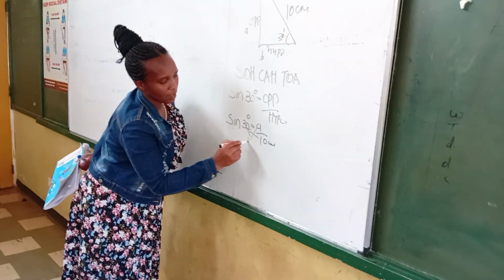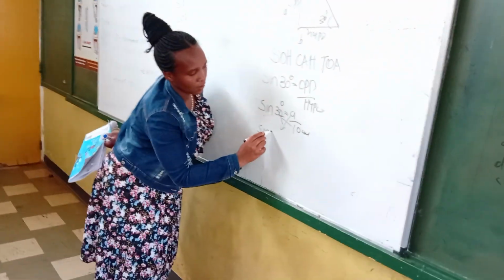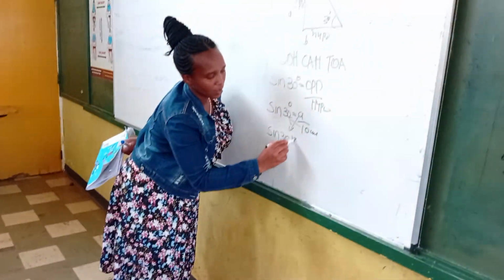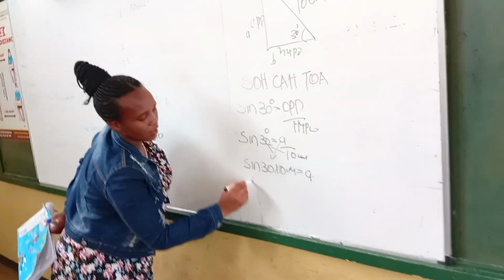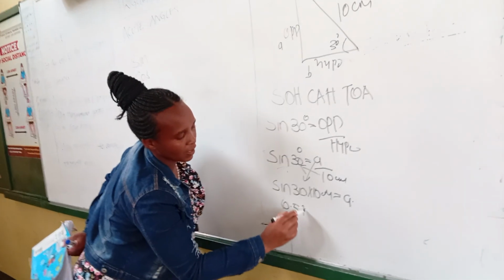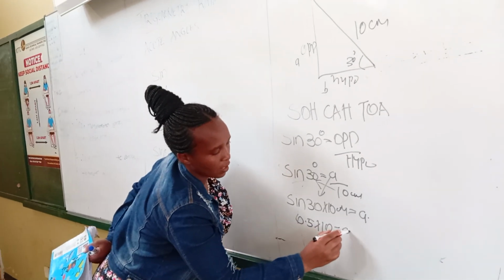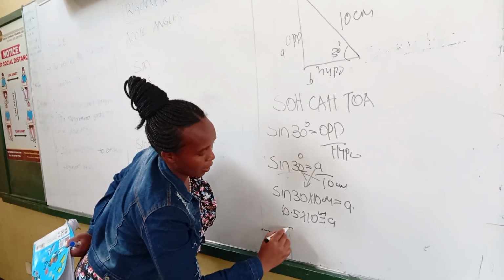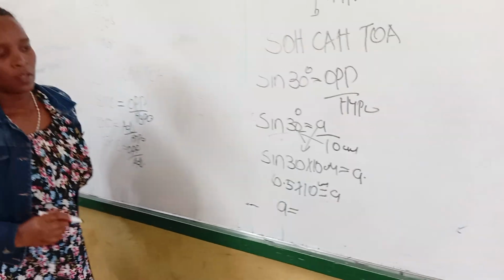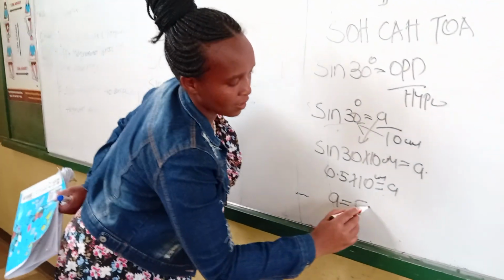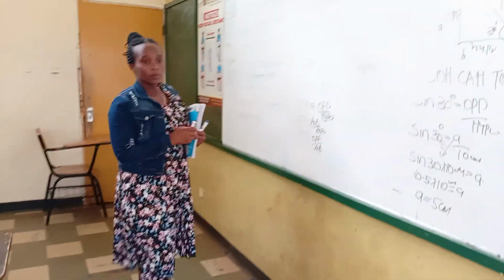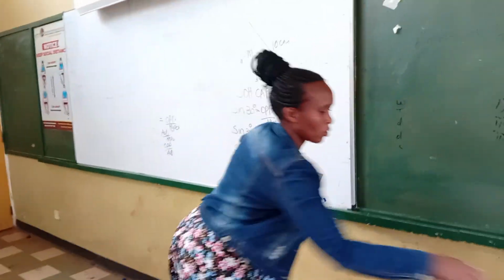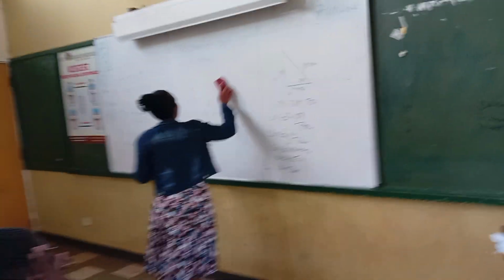Cross multiply: sine 30 times 10 centimeter equals A. So 0.5 times 10 equals A. Our A is 5 centimeter. Correct? So you can proceed to find the value of B.